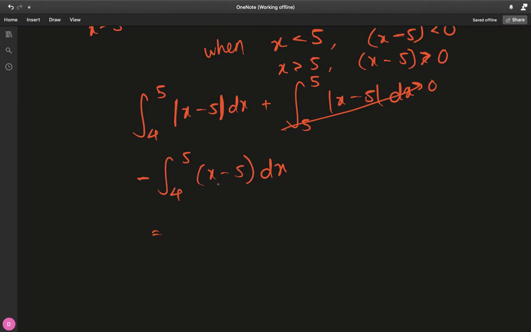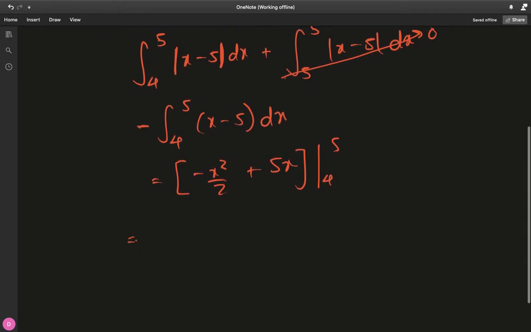So when we integrate this, we have negative x squared over 2 plus 5x evaluated from 4 to 5. So when I plug stuff in, I have negative 5 squared, or negative 25 over 2, plus 5 times 5, which is 25, minus negative 4 squared by 2, which is negative 16 by 2, 5 fours are 20, so add 20.